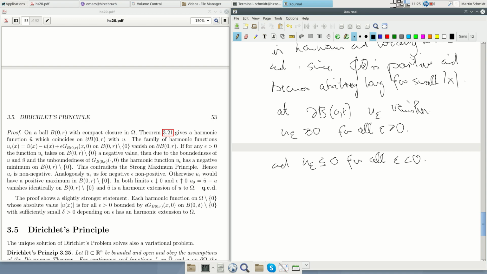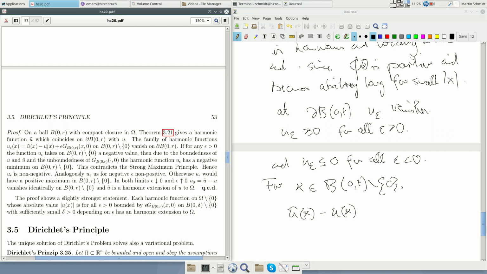Now we take the limit, for x in the ball B(0,R) without, of course, the center. So then the limit of u epsilon, now we claim that for this we have u tilde of x minus u of x. We look at this function.